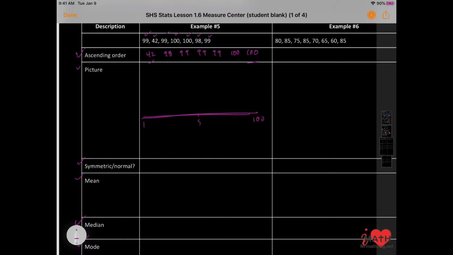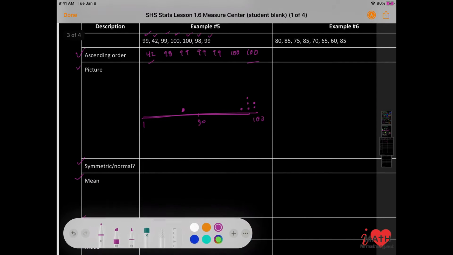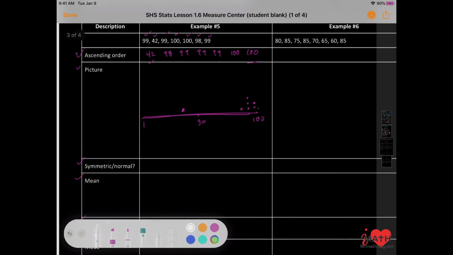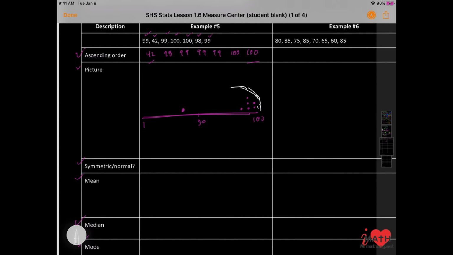So if that's 50, let's say this is like 42, and then 98, three 99s, and 100. What I'm trying to point out is most of the data is way over there and then something way over there. Does that make sense?